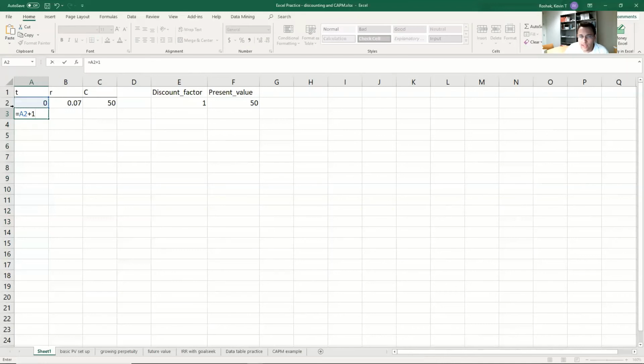Excel is going to look in A2, it's going to be 0, add 1 to it, and that's going to give us 1. And then you can do the same thing for the next cell. I'm going to look in cell A3 and add 1 to that. That's going to give us 2. Now the problem obviously here is I'm just typing in 10 formulas. That doesn't help us either.